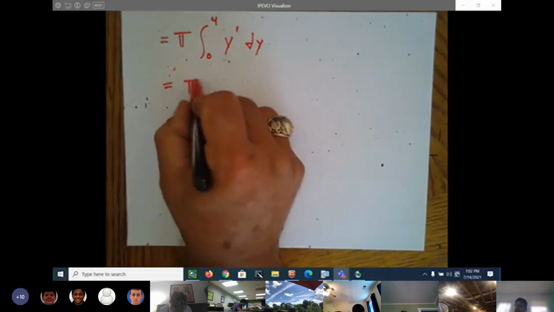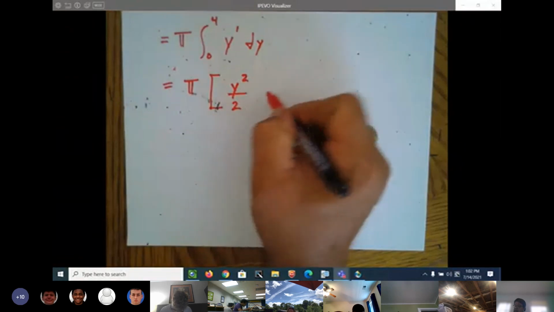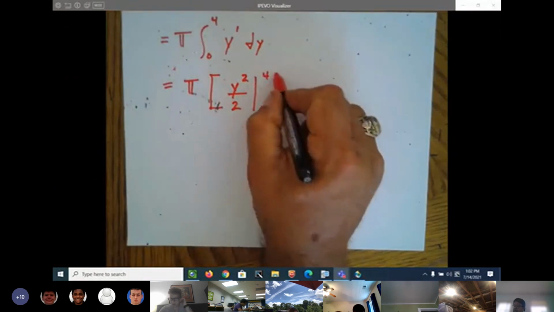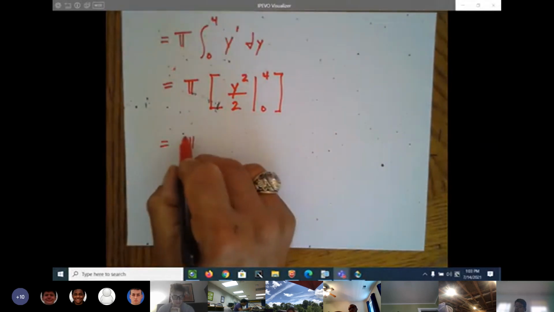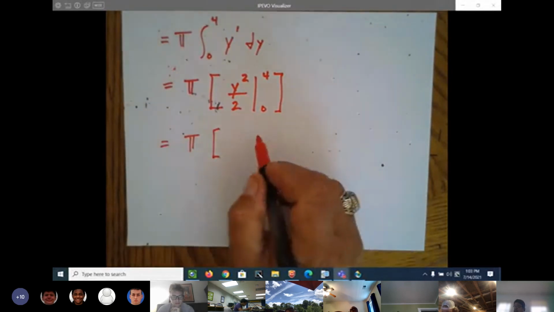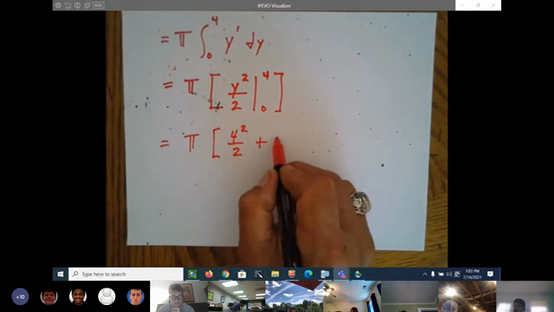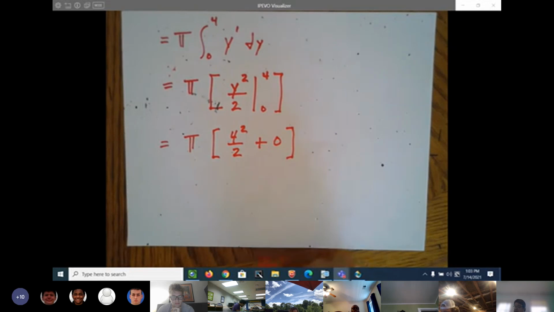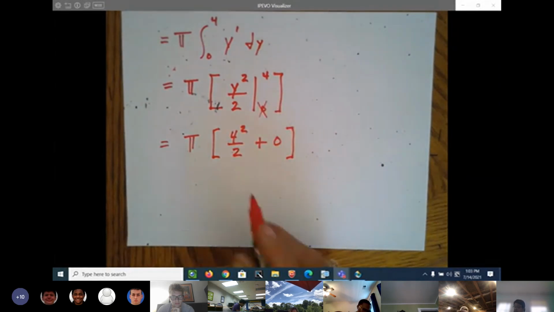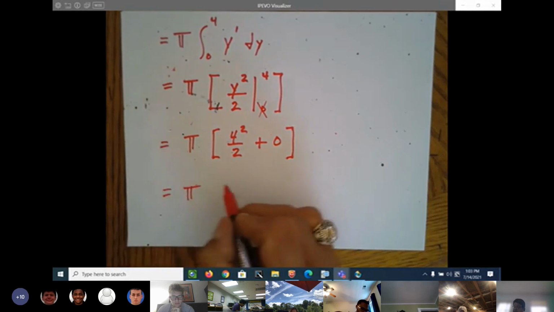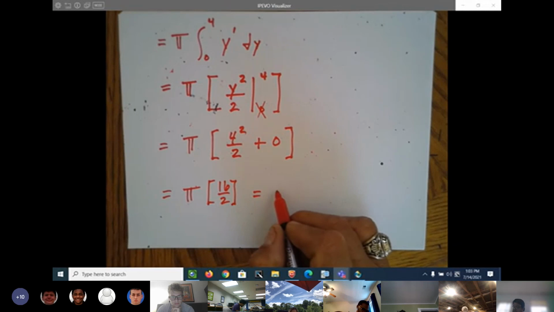So pi times y to the 2nd over 2, evaluated at 0 and 4. Four squared over 2 plus 0 or minus 0, doesn't really matter because that cancels. So pi times 16 over 2, and that's 8 pi.